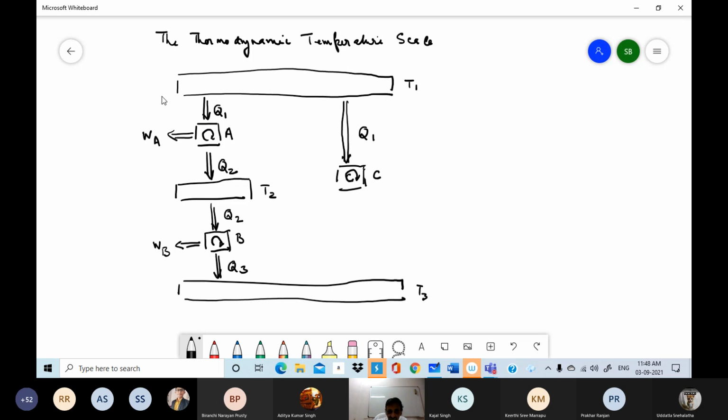Now we know, in order to define a temperature scale, we define it in terms of the efficiency of a reversible engine operating between these, because it's the reversible engine which has a unique value of efficiency if it is operating between reservoirs at two particular temperatures. So then all these engines are reversible cycles.